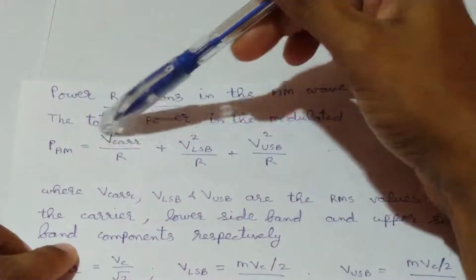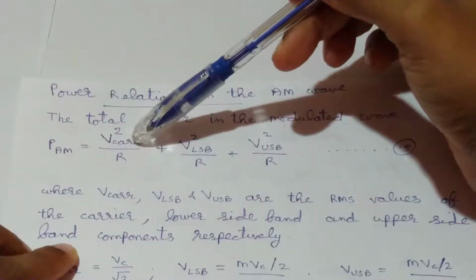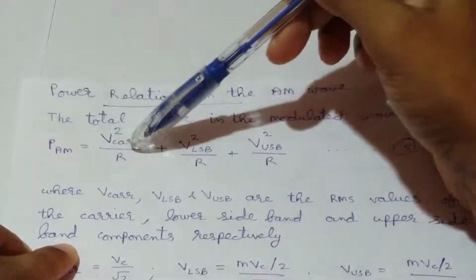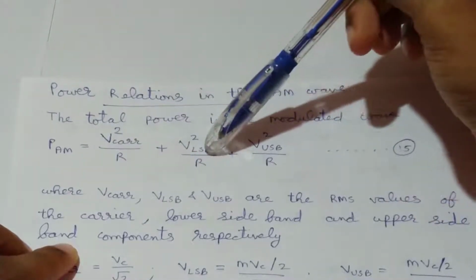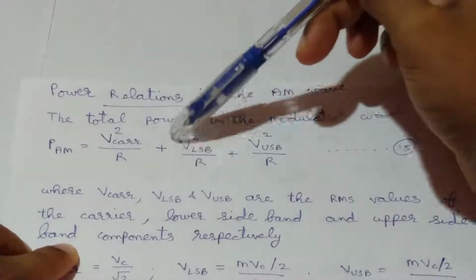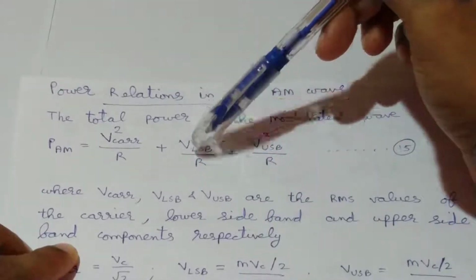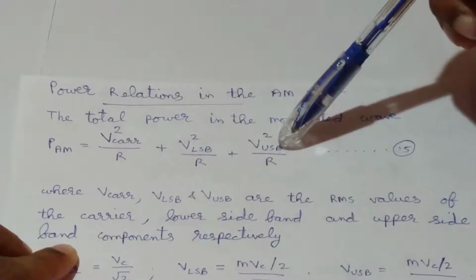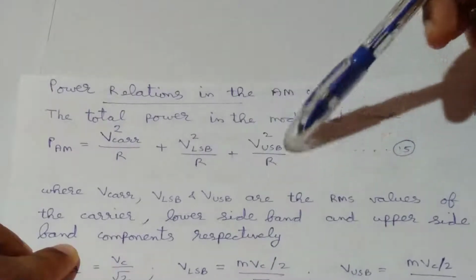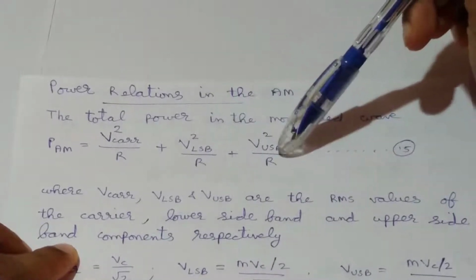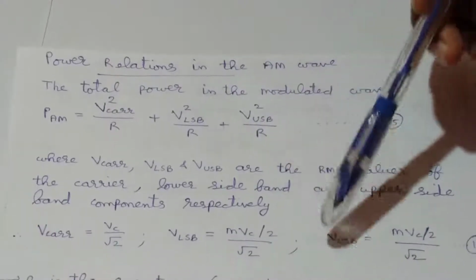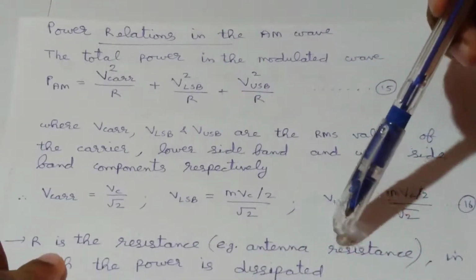This V carrier represents the RMS value of the carrier component, and hence the power developed by that carrier component is V carrier square by R. This V LSB represents the RMS value of our lower sideband component, and hence the power developed by it is V LSB square divided by R. Then this V USB represents the RMS value of our upper sideband component, and hence the power developed by it is V USB square divided by R. Here we are considering this resistance R as our antenna resistance, the resistance of our receiving antenna.